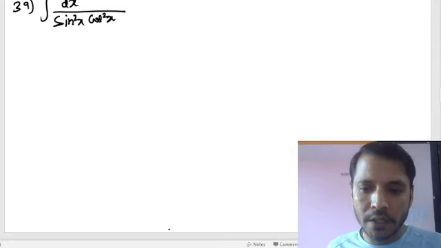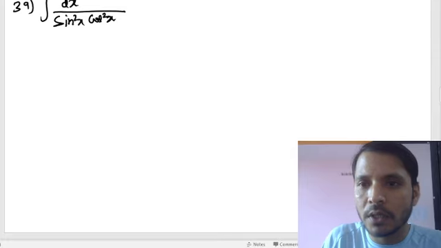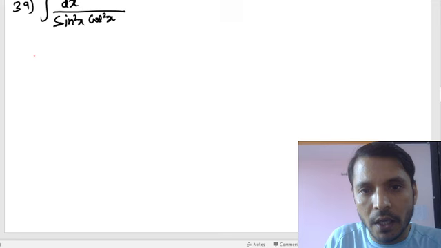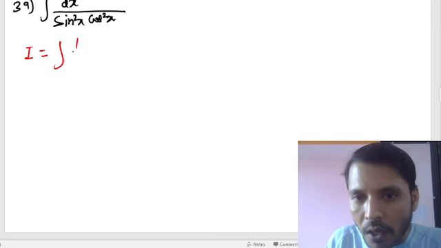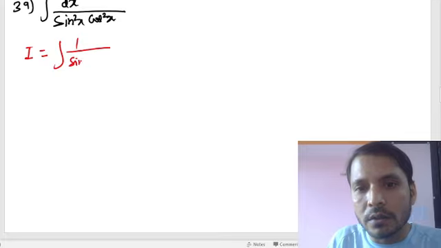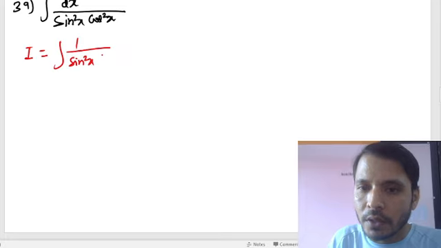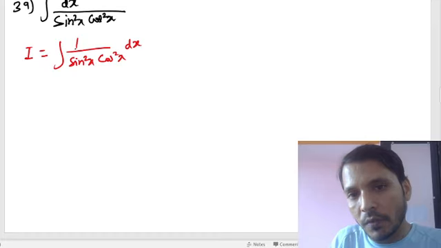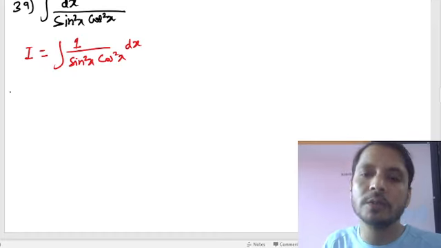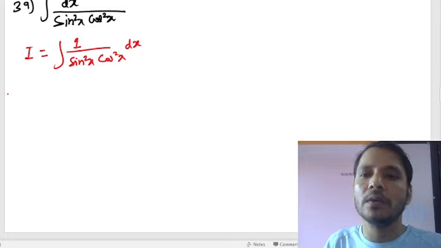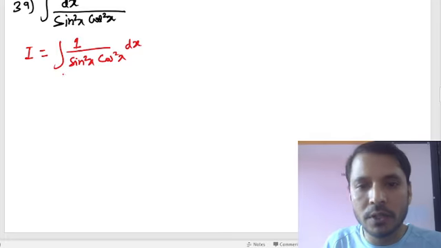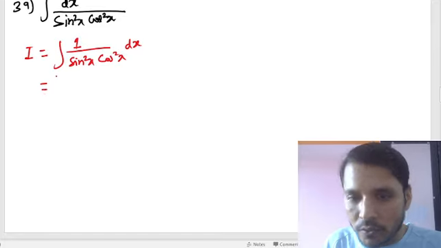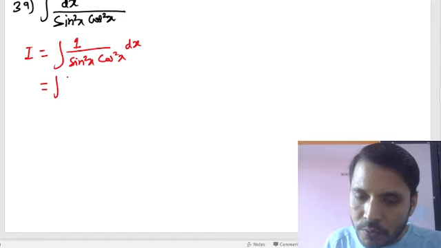I is equal to 1 upon sine square x into cos square x dx. We know the identity that 1 equals sine square x plus cos square x, so I am going to write the 1 in terms of sine and cos.